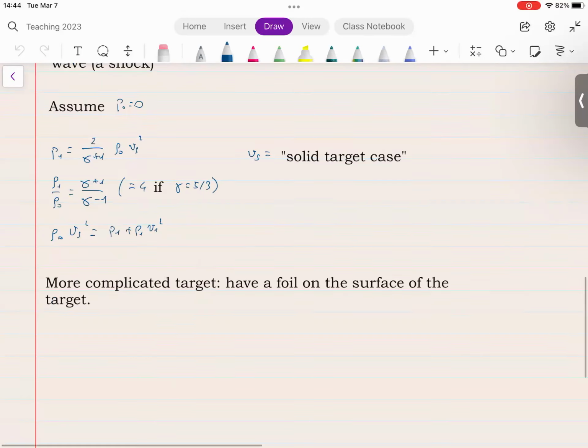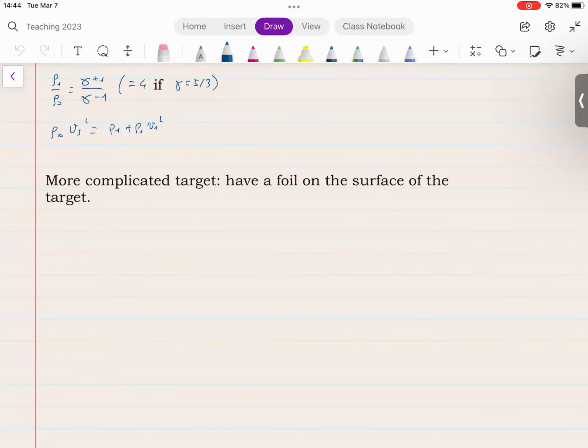We're going to put a foil on the surface of the target. That is, there is going to be a different material that is around the target itself.